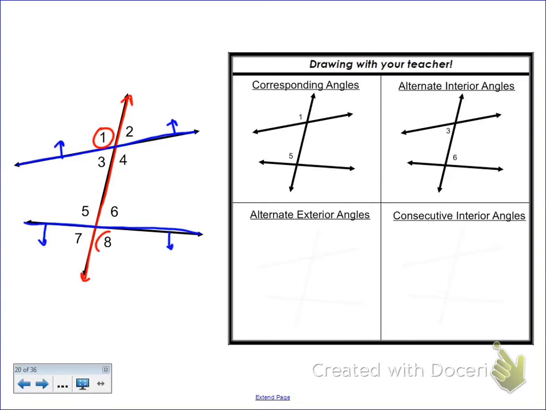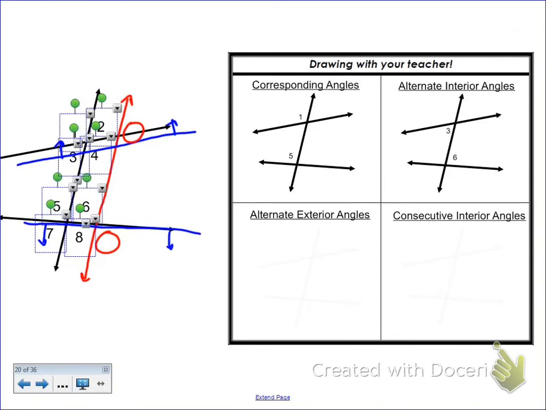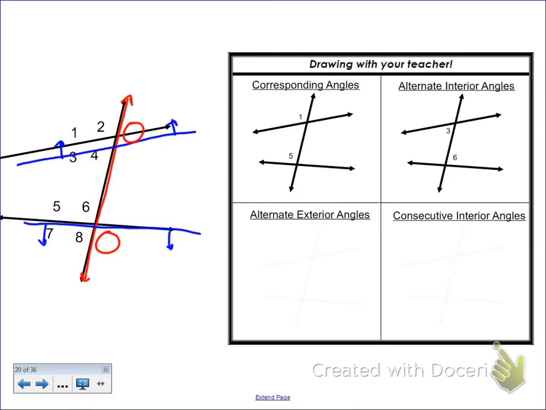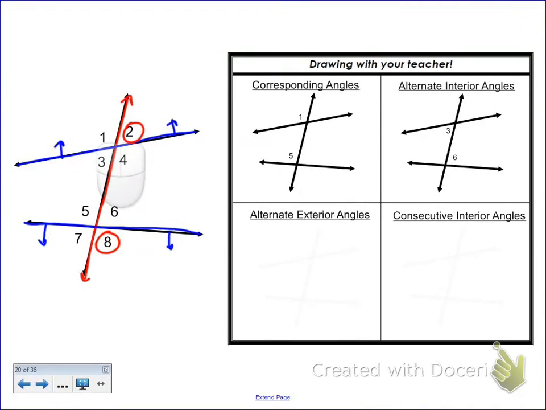In this case, it would be angle 8. So angles 1 and 8 would be alternate exterior angles, and angles 2 and 7 would be my other pair of alternate exterior angles. So here's an example. Angles 1 and 8 would be an example of alternate exterior angles.